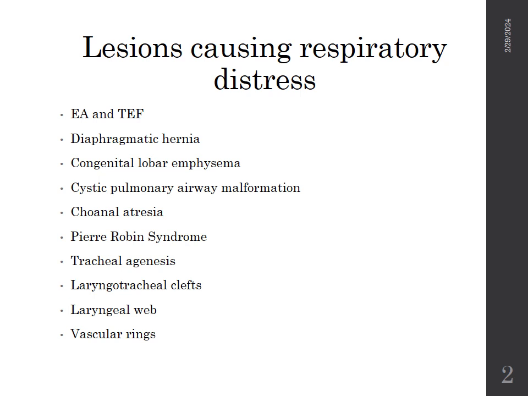When we diagnose it, it's very easy to do an immediate management until the definitive treatment is done, so we must suspect it. Pierre-Robin syndrome, tracheal agenesis, laryngotracheal clefts, laryngeal webs, vascular rings, all these, if present, the neonate may present with respiratory distress of a variable degree.